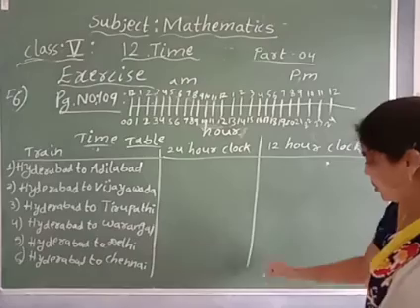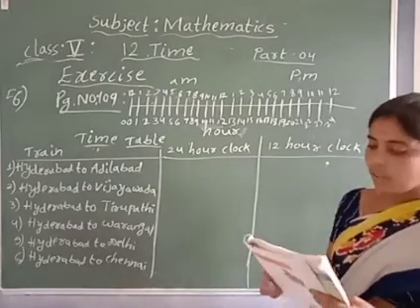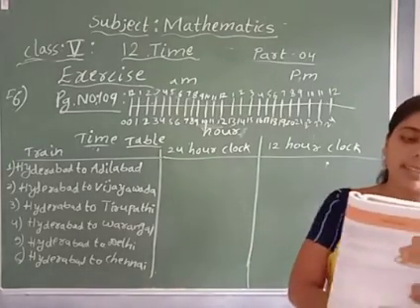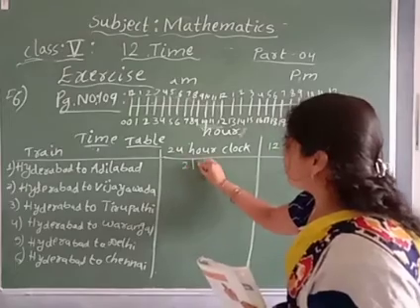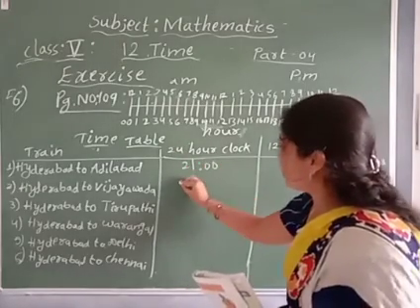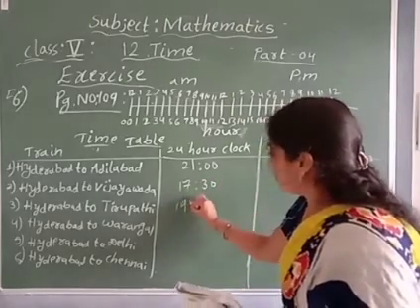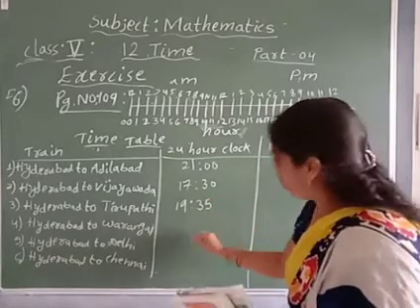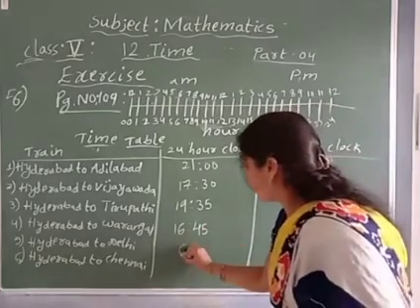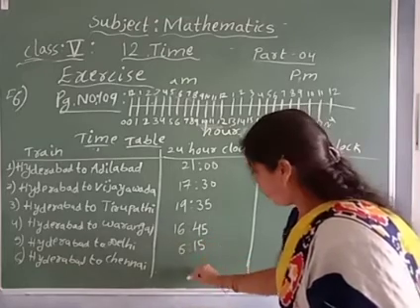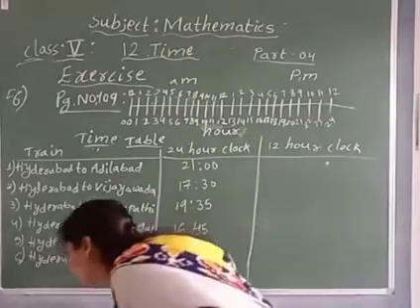See, in the 24-hour clock, the first time is 21 hours. Then 17:30, the third one 19:35, the fourth one 16:45, then 6:15, 11:45, 20.